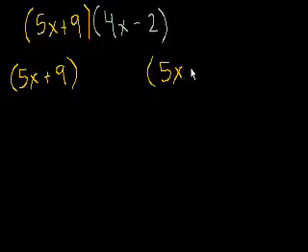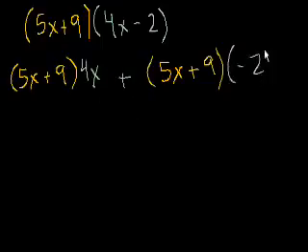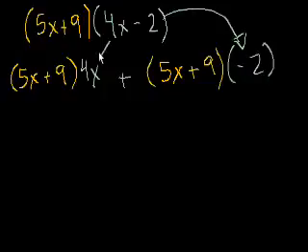That equals 5x plus 9 times 4x, and then plus 5x plus 9 times minus 2. Right? This minus 2 is here, and this 4x is here. And now we just multiply it out.